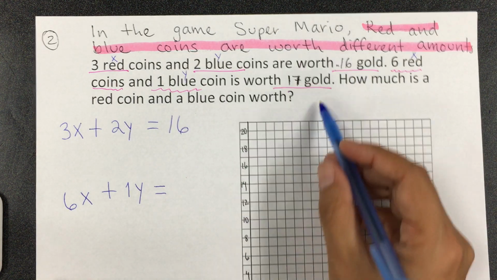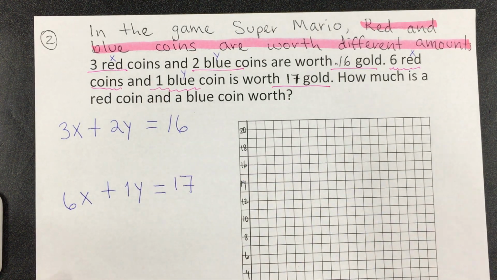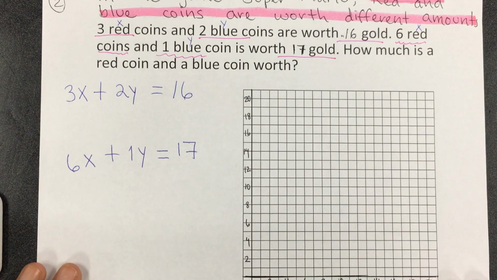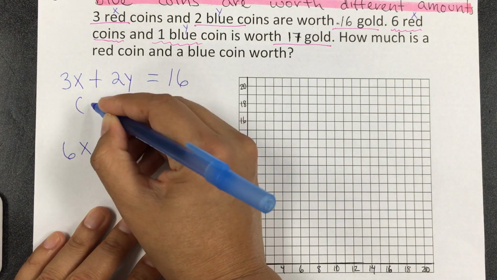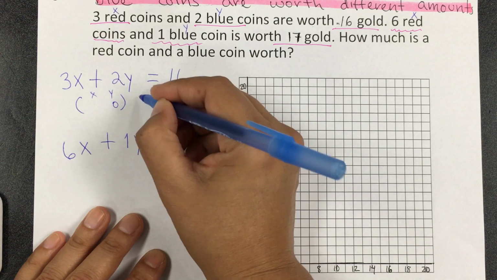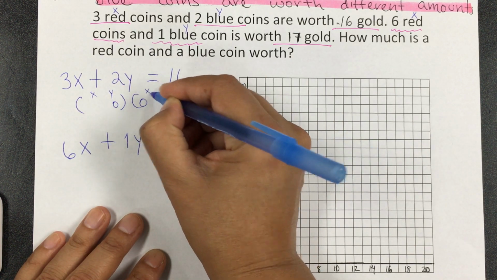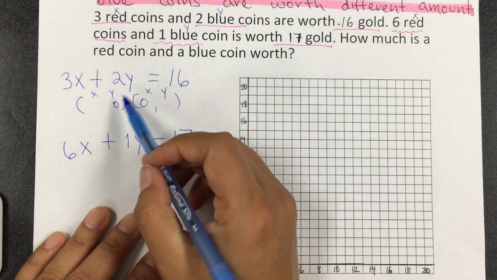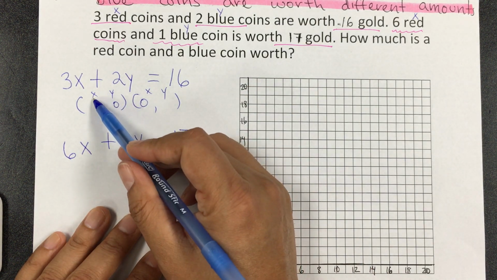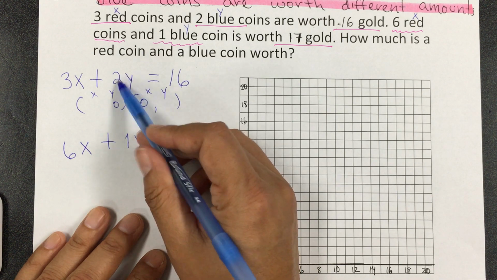Okay, it's going to be equal to 17. Again, we're going to find the x intercept and the y intercept.